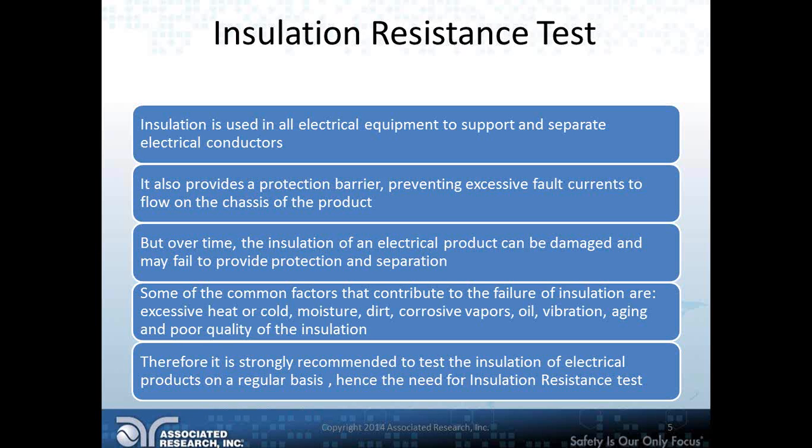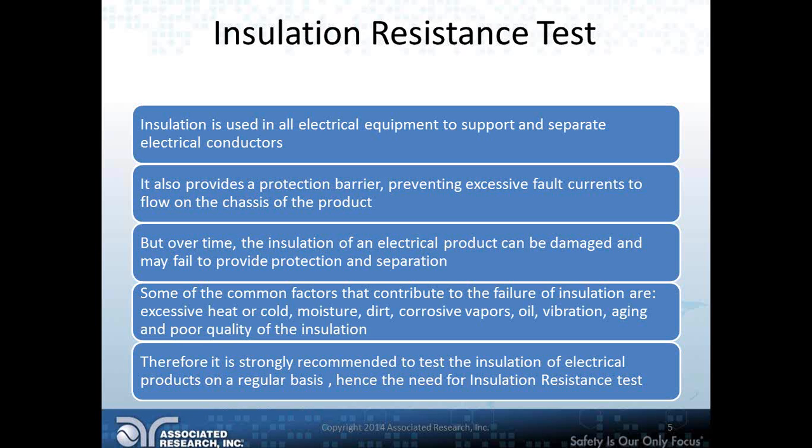We know our products are used in many different environments or conditions, so high and low temperature, moisture is a big factor, dirt, corrosive vapors, oil, vibration, aging itself, and just poor quality of insulation used in the product. All these factors may lead to an insulation being damaged or not being strong enough over time.